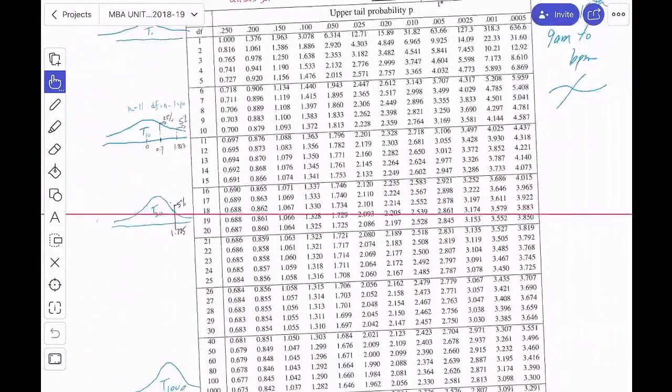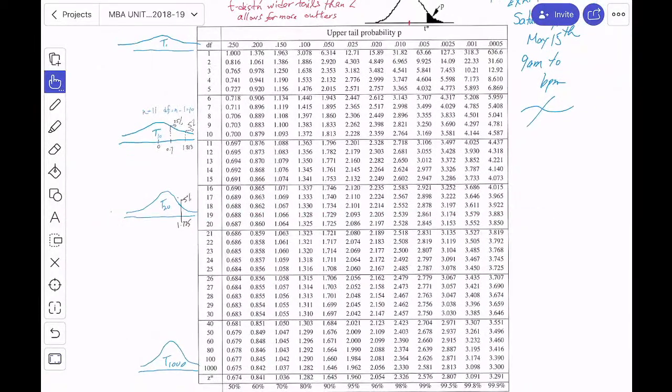So let's go up. I'm going to highlight those values. 1.5 is between those two, which corresponds to between 5 and 10%. That's what that means.